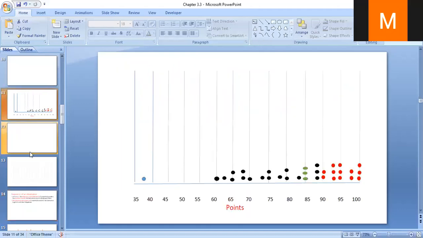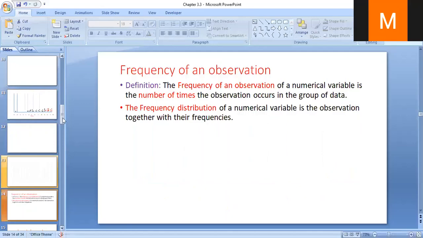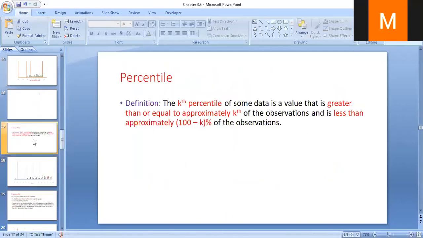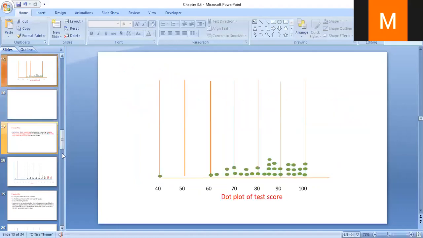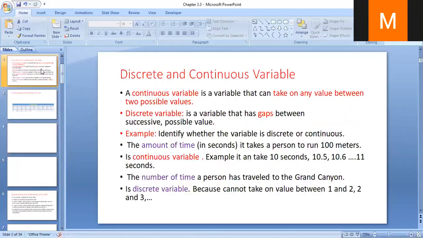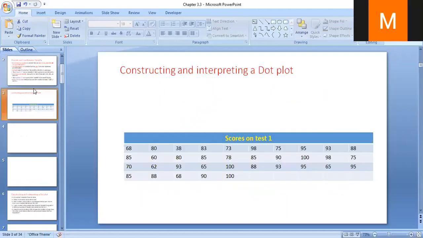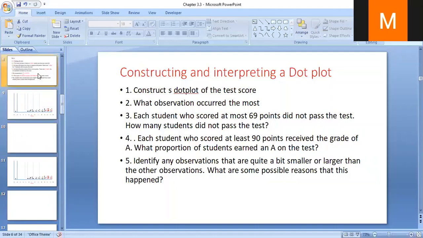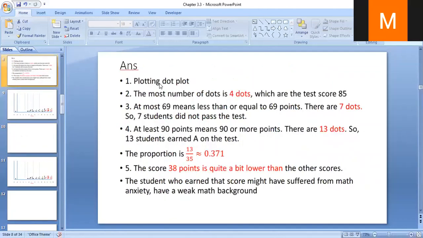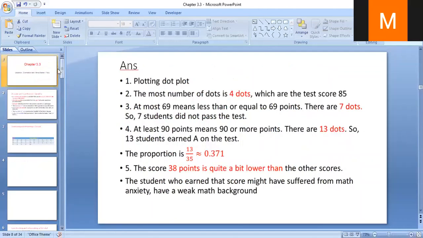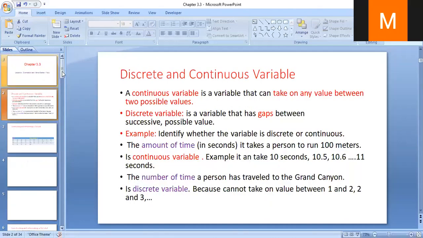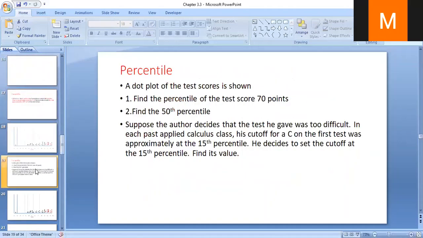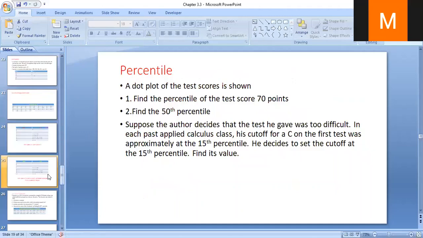You look on this one, you can find the frequency. You look on the table, you can find the frequency of how many people in this one. This session, you focus on the stem plus and percentile.